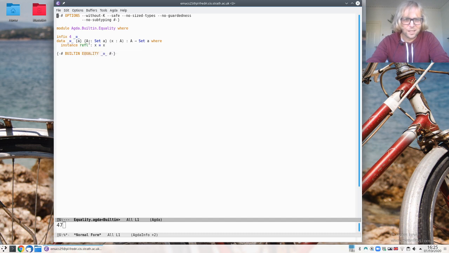And what else does it have? It has a parameter a and a parameter x which lives in a, and then if we give it any other a, we get a Set back. And there's exactly one way to make an inhabitant of this type, and that's to give the same x as the second argument.